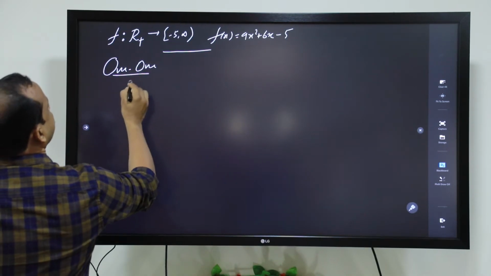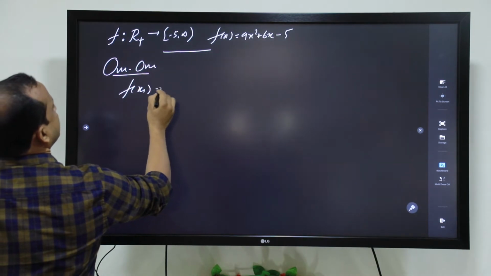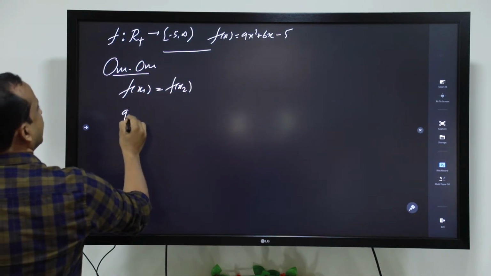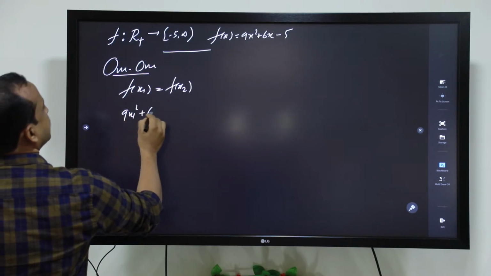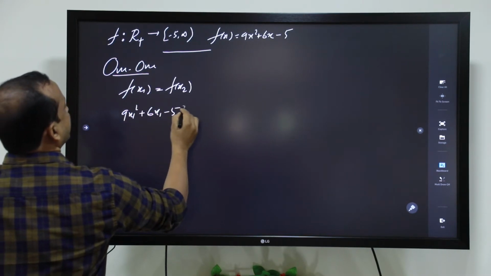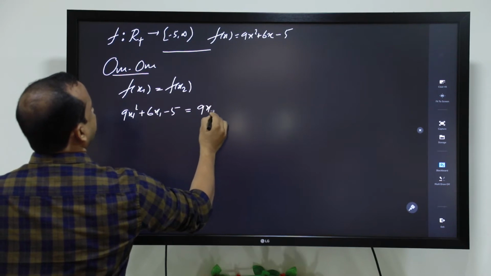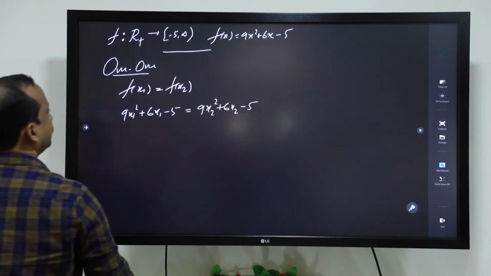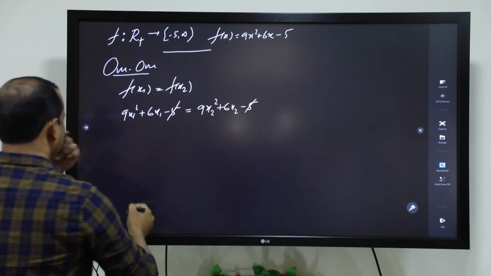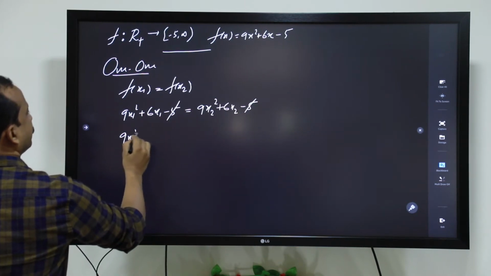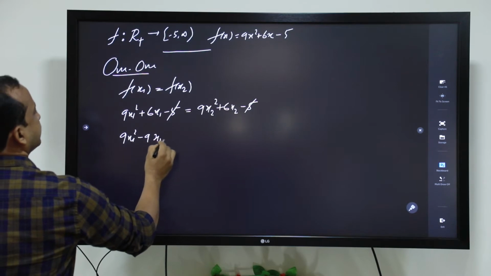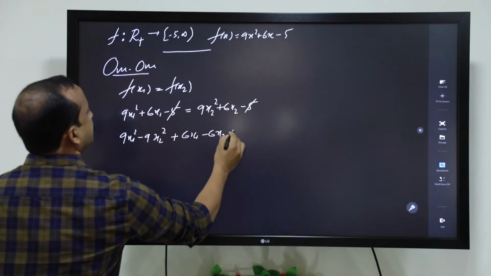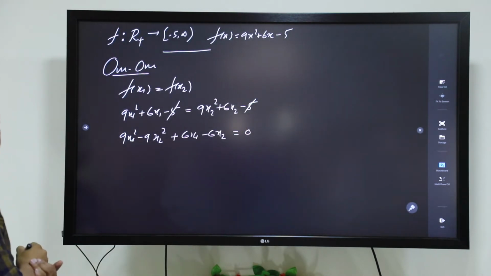That means f of x1 is equal to f of x2 implies 9x1 square plus 6x1 minus 5 is equal to 9x2 square plus 6x2 minus 5. Here minus 5 cancels, and therefore 9x1 square minus 9x2 square plus 6x1 minus 6x2 is equal to 0.